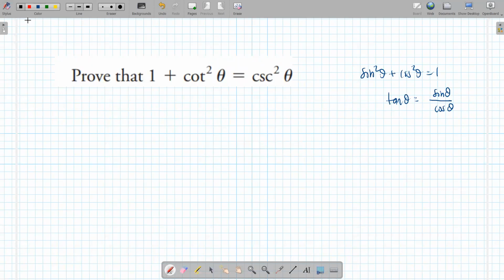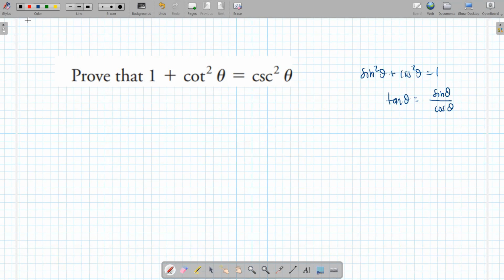So these are called the secondary ratios. It is of tan, okay? So keep that in mind.